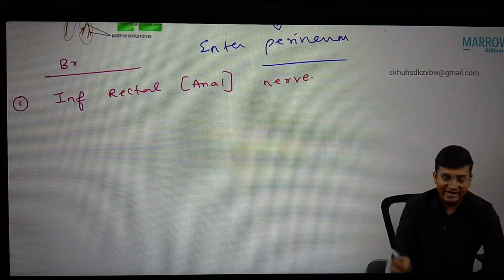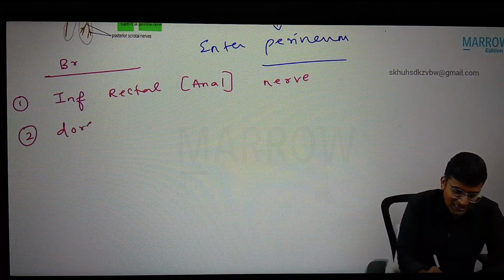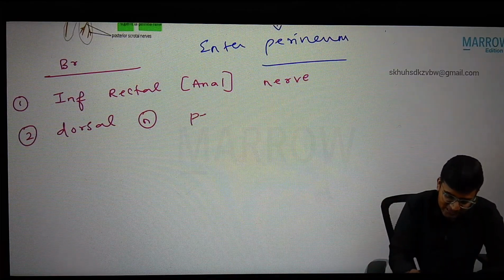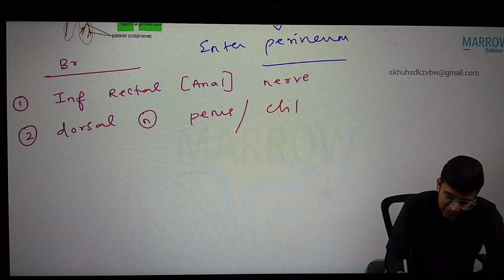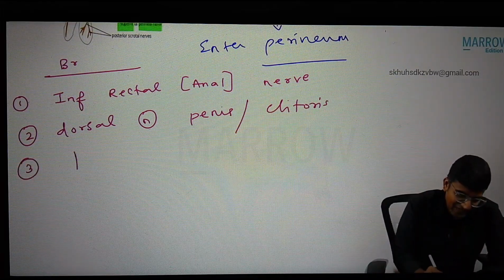Number two, the dorsal nerve of the penis, in female the clitoris. Number three, the perineal nerve.